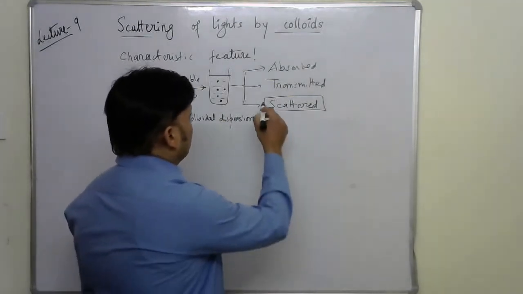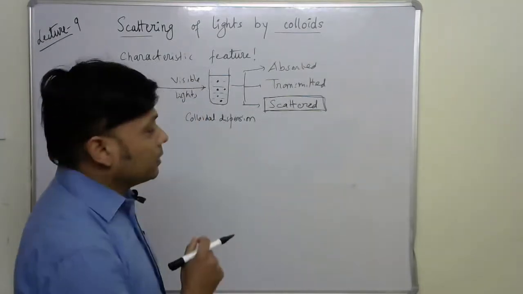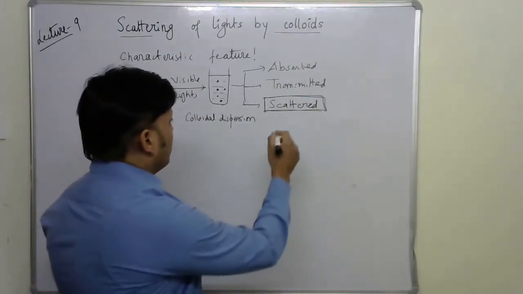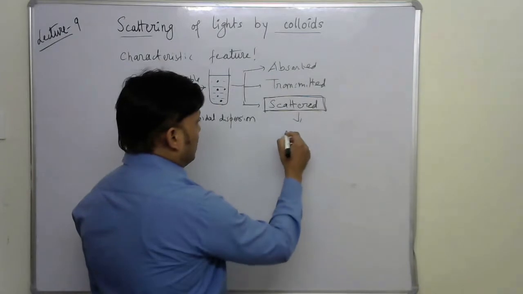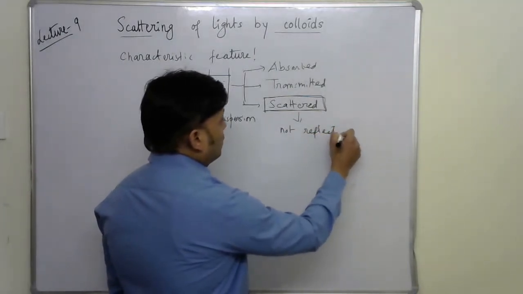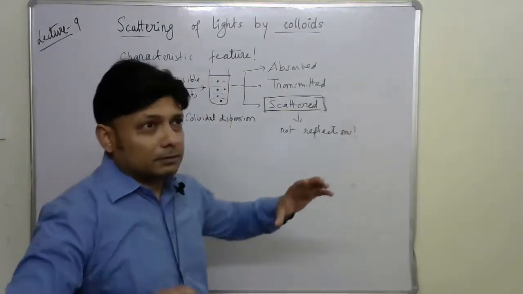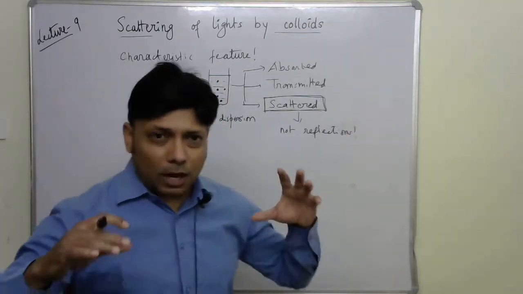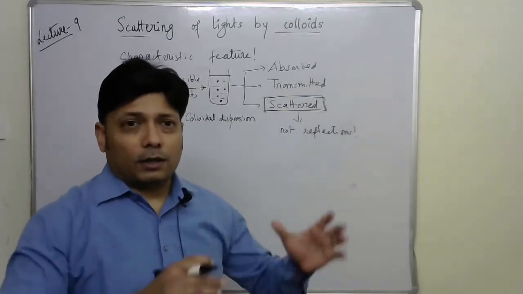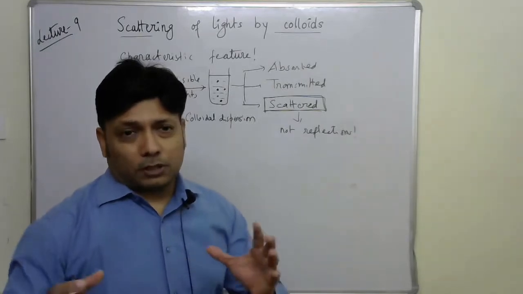So we will talk a little bit about this scattering by colloids. Very basic, very elementary stuff. So firstly, let me tell you, this scattering of light is not reflection. Sometimes you may see dust particles when a ray of sun hits them, especially in the morning time.